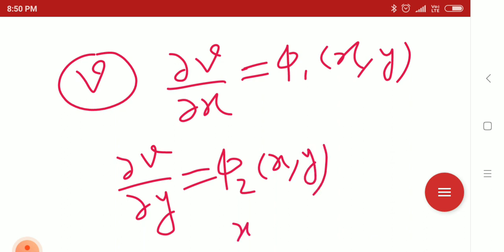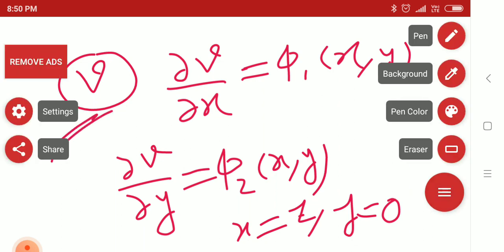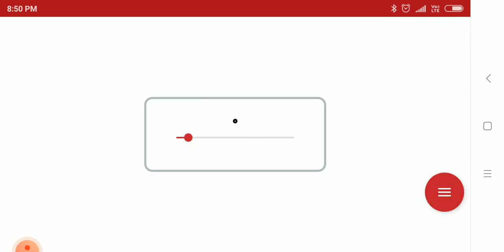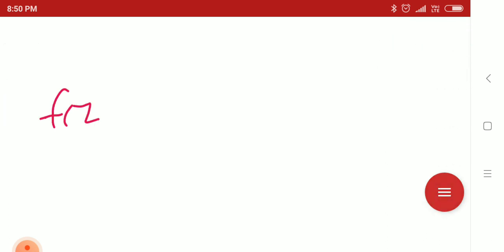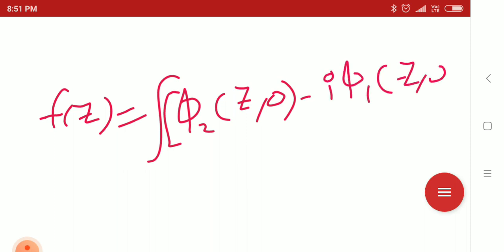Now put x equals z, y equals 0. But now here v is given, so you can write f(z) equals the integration of phi 2 of z comma 0 minus i phi 1 of z comma 0, into dz.